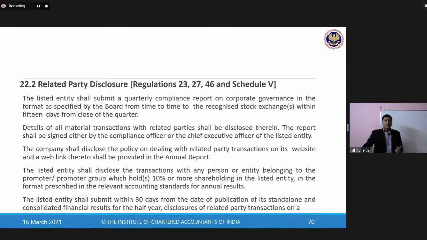And the primary reason for that is whether that transaction is taking place at arm's length or not. Secondly, what's the quantum of all such related party transactions? So these two pieces of information are very, very important for the stakeholders, for the users, for the regulators.